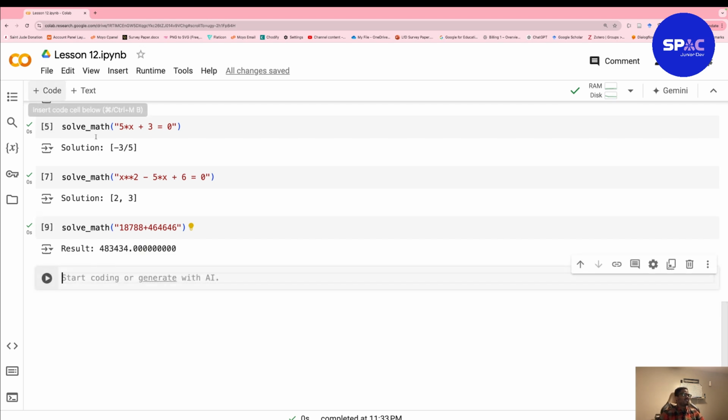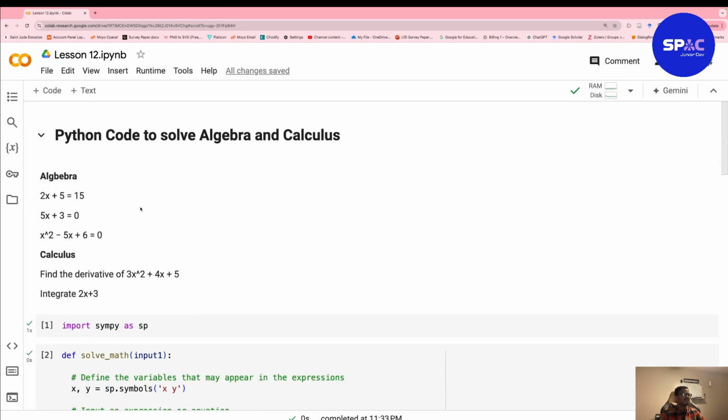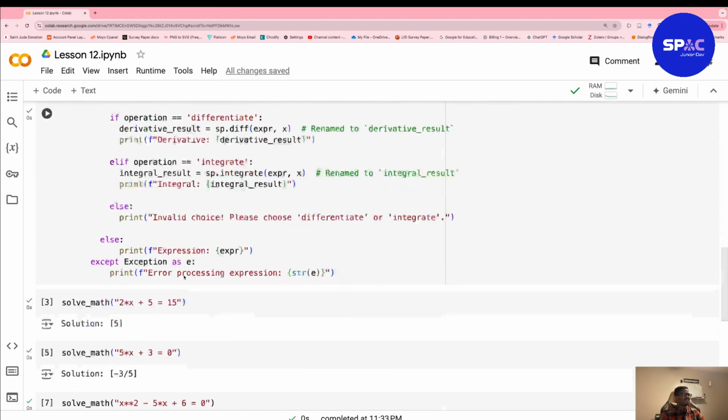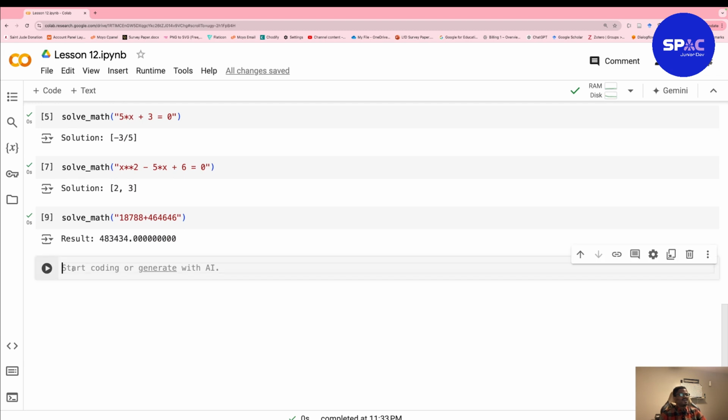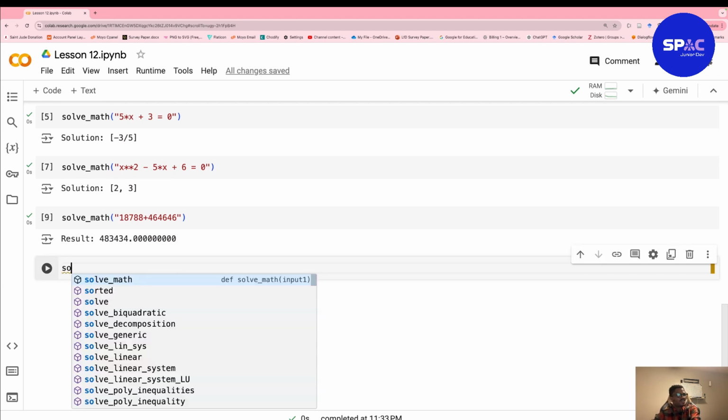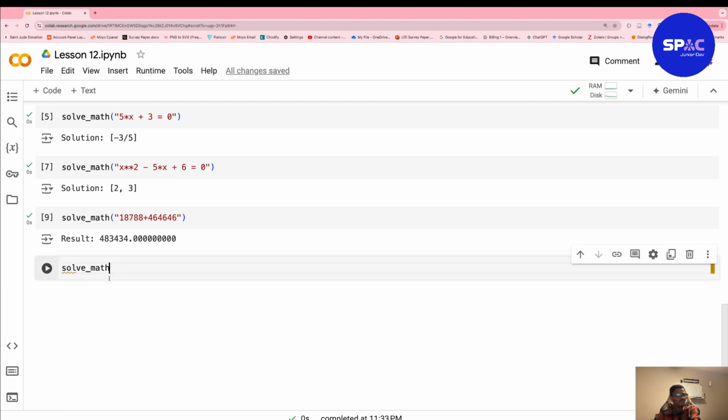Okay, so let's use it to solve, not a differential equation, but to find the derivative of an equation. So solve math. Remember, you have to put this, but you can see that this one doesn't have any equal to.